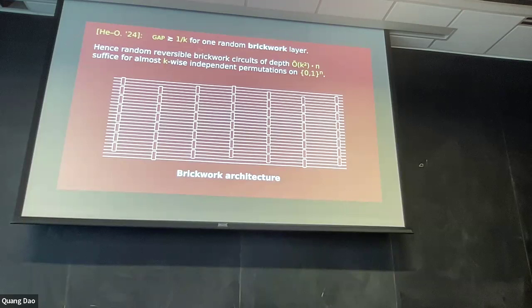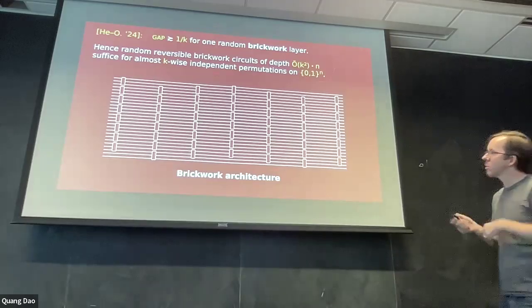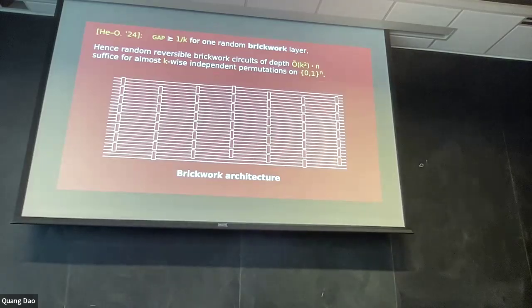So the gap is like 1 over k for 1 layer of brickwork gates. And therefore, random reversible brickwork circuits of depth linear in n, so still n squared gates, but this has a nice layout, linear in n depth, and quadratic dependence on k also suffice for almost k-wise independent permutation. So I don't know if you believe this crazy conjecture, then a circuit that looks like this with depth and width n could be cryptographically secure.